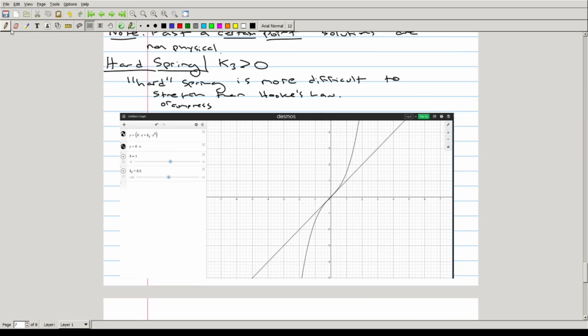And you see that for any given value, the tension is greater than what it would be with Hooke's law. And same thing right here, the compression is a larger magnitude than what you would get from Hooke's law.